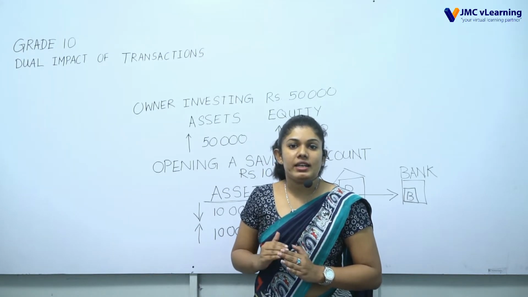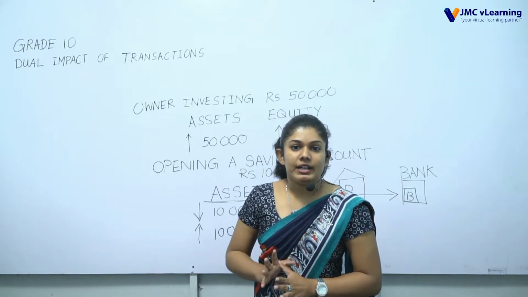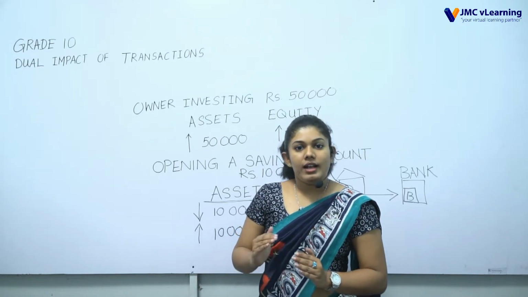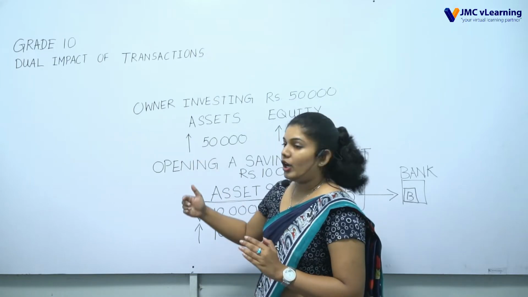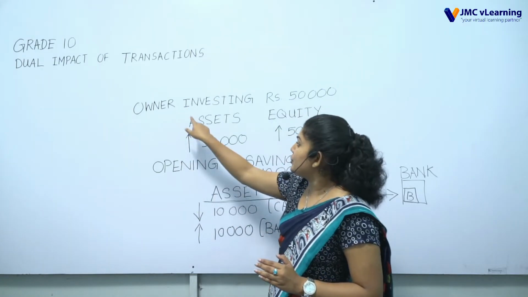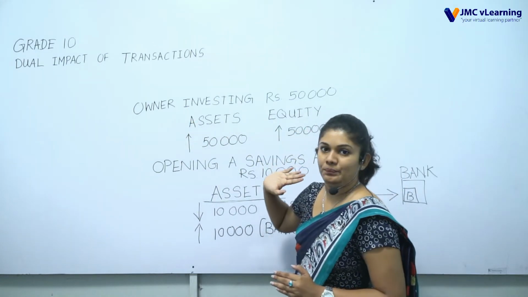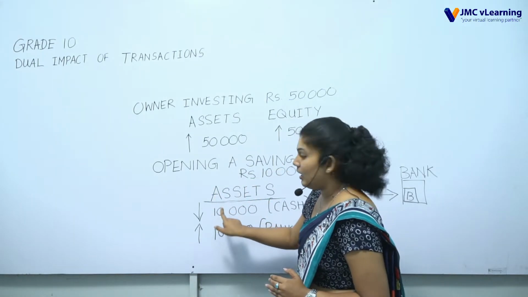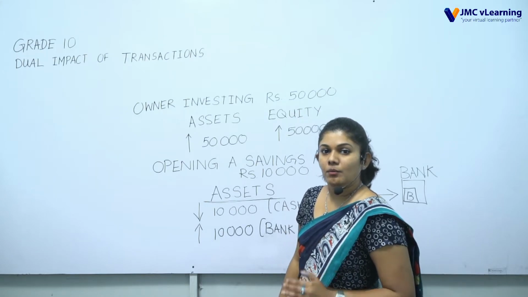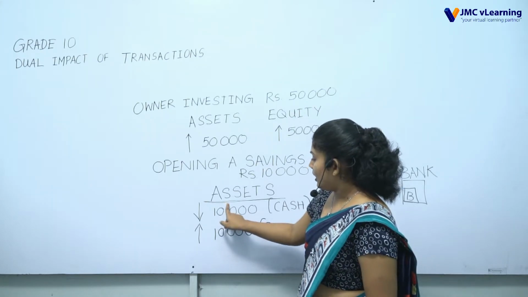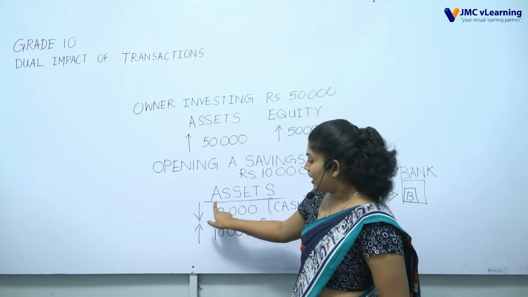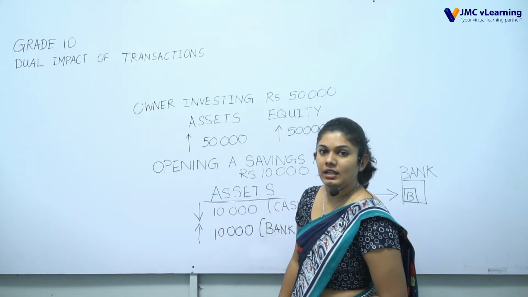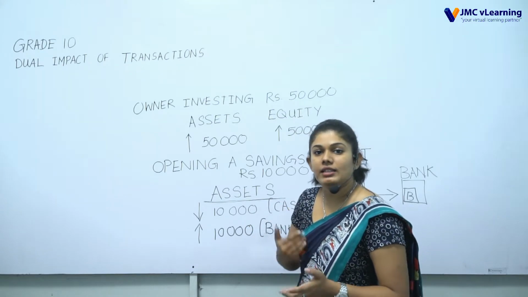Simply, it means every transaction has two separate entries, either under two different elements or under the same element. Most of the time when it comes under the same element, it takes opposite entries. One entry is increasing, the other is decreasing.